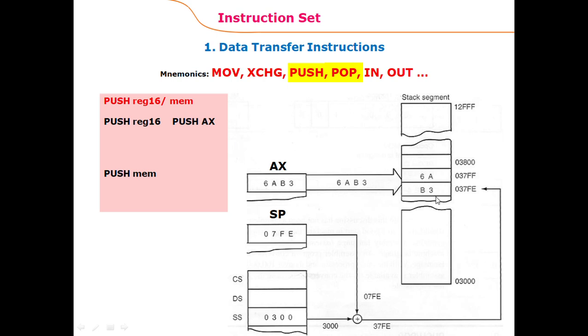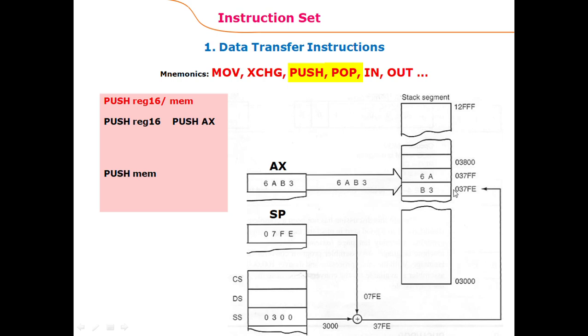So let's assume the stack pointer content points to this location 3800.